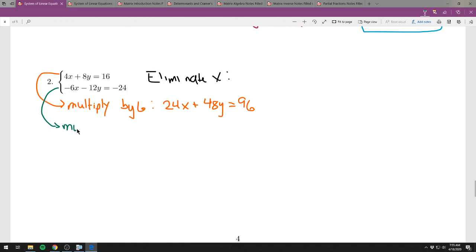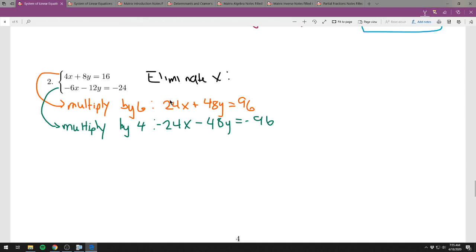They're already opposite sign, so I don't have to worry about multiplying by a negative to make that work. If we multiply equation 2 by 4, we get negative 24x minus 48y equals 4 times negative 24 is negative 96.